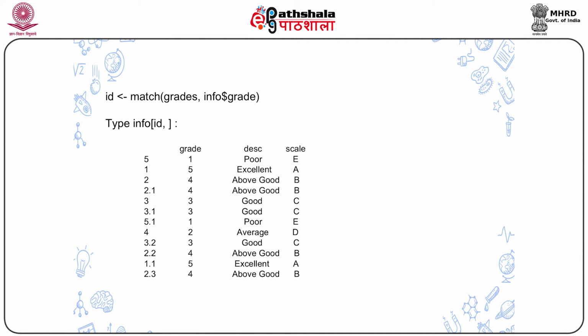Now, we would like to have a row for each value in grades. For this, we are defining id to be match of grades, comma, info dollar grade. Now, if we type info, then within third brackets id, comma, it will produce a row for each value in the grades, and the output will look like this.